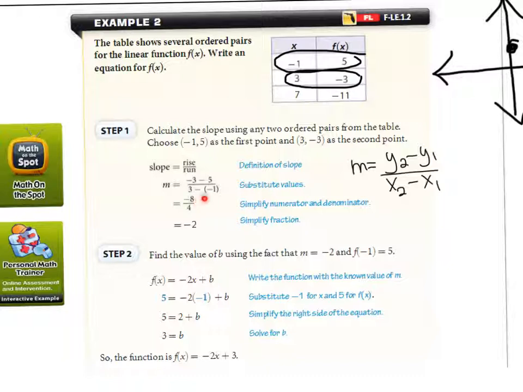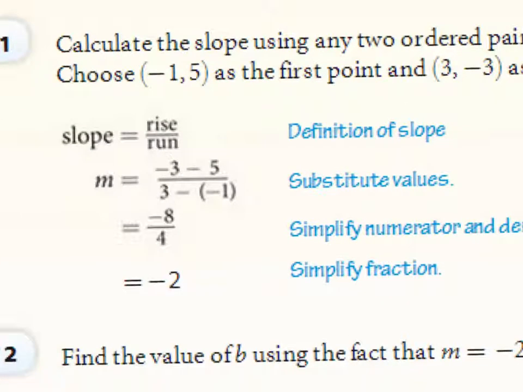Don't forget, minus a negative does change to plus a positive. So we go negative 3 minus 5, which is negative 8. 3 plus 1, because we're going to go ahead and change those signs, becomes the 4. Slope we always want to simplify. Negative 8 divided by 4 becomes a negative 2.